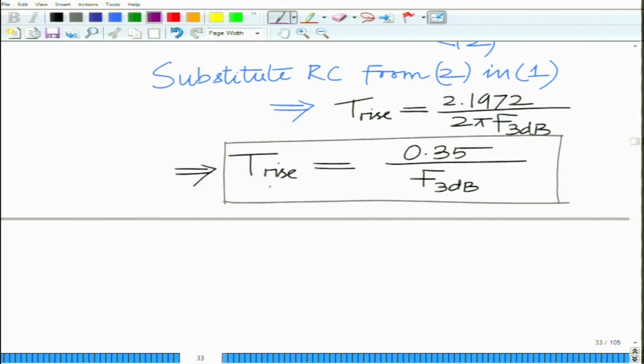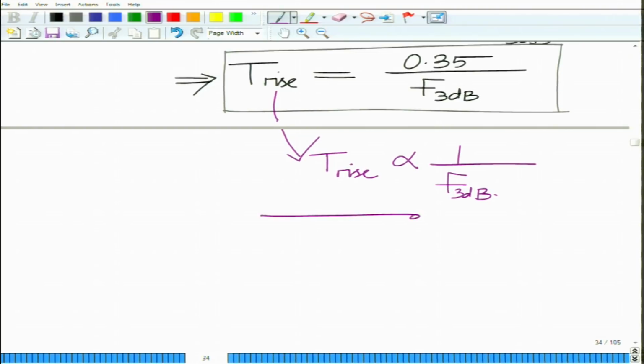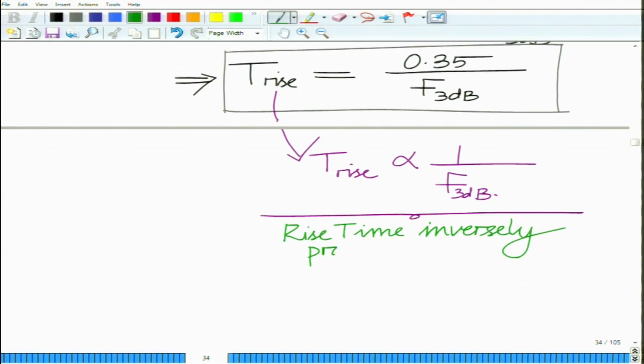So, the rise time is inversely proportional to the 3 dB frequency, which is a very interesting relation.